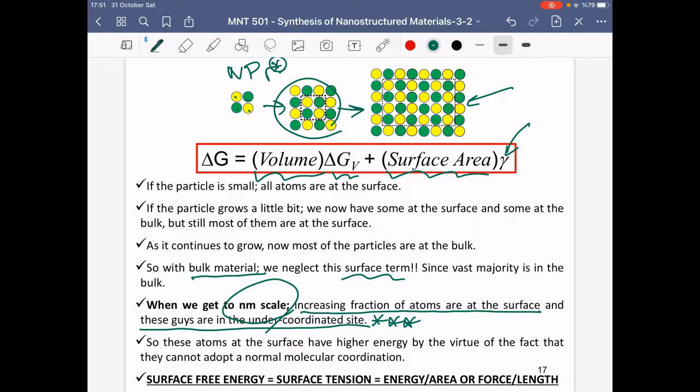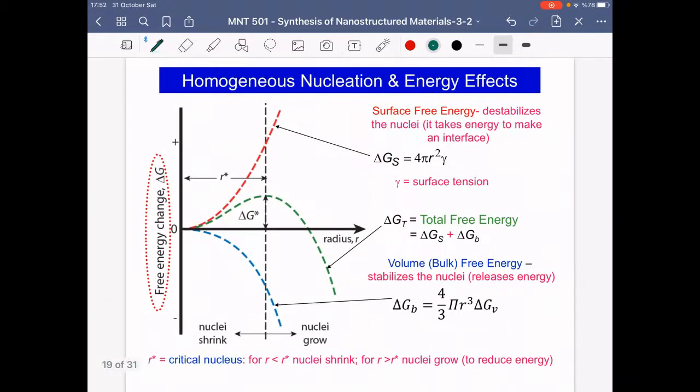So these atoms at the surface have higher energy by virtue of the fact that they cannot adopt a normal molecular coordination, okay? Surface free energy, surface tension, and so on, with units of energy per area or force per length. And now we're going to try to summarize everything that we had talked about in a single graph to see what is happening during the nucleation and growth phases, okay?